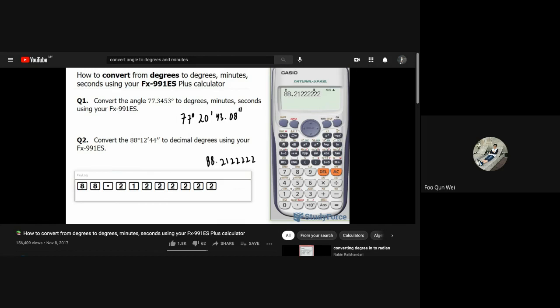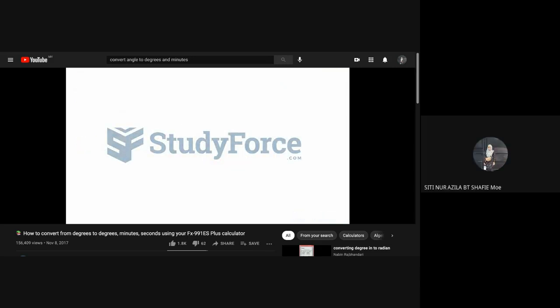Clicking this tells me my degrees, and if this is correct, I should end up with the same number. Clicking equals, and I end up with the same number. And so there you have it. That is how to convert from degrees to degrees, minutes, seconds, and vice versa using your FX991ES calculator. Wait, let me stop the video.